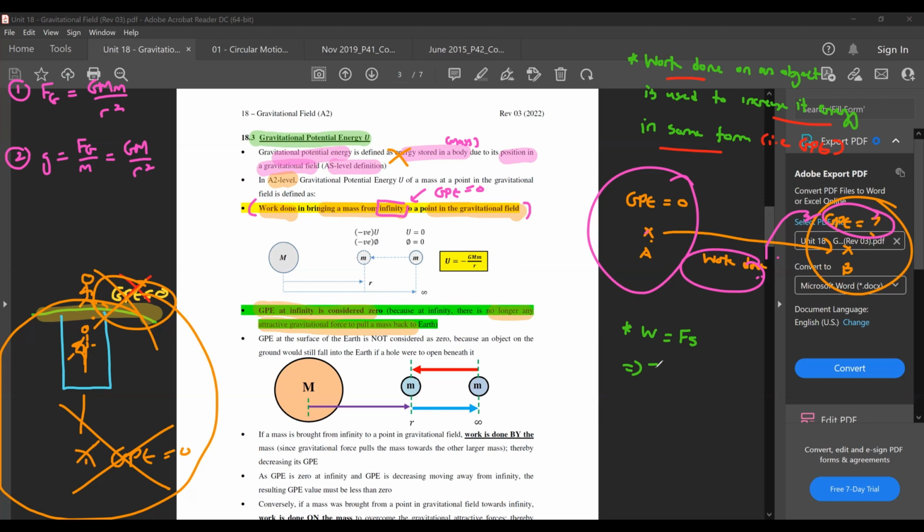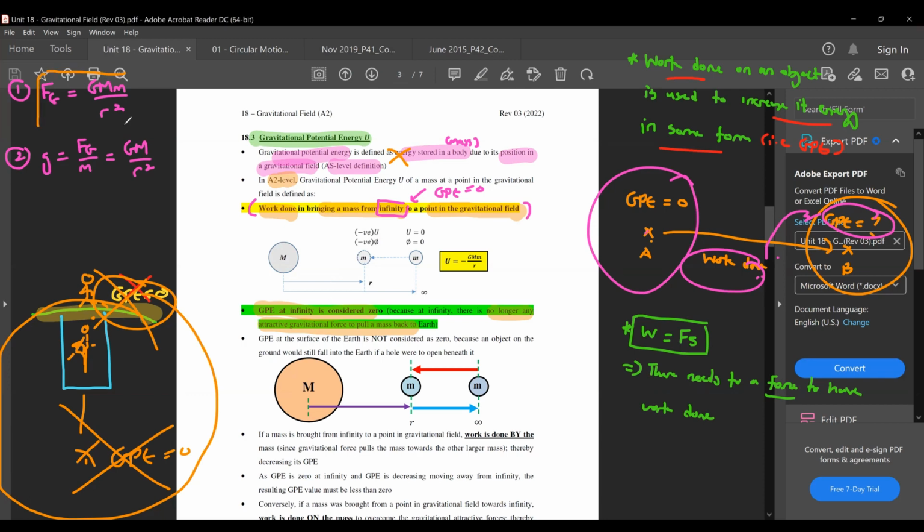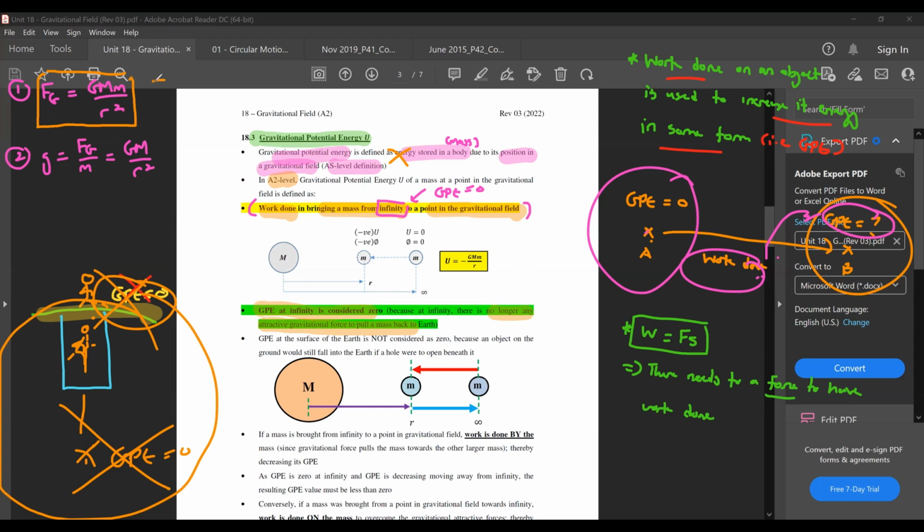There needs to be a force to have work done in the first place, because the equation for work done is W equals Fs, or W equals Fd in some textbooks. So if you recall that Fg is GMm over r squared, what happens if r is at infinity?